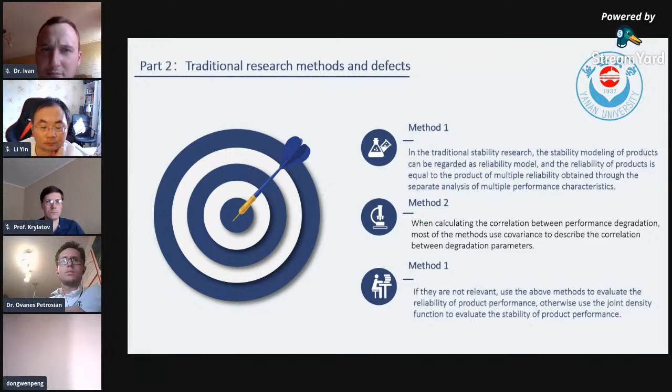When collecting and analyzing the data, most methods use correlation to describe the relationship. If they are not related, the above methods are used to evaluate the related products, and a joint distribution function is used to evaluate the stability of product performance.